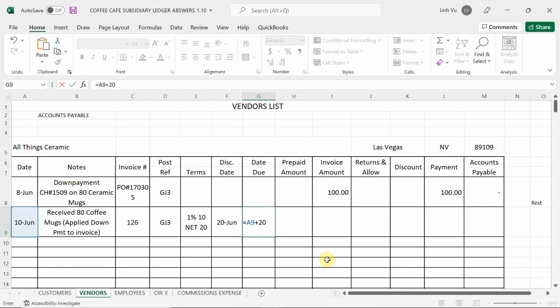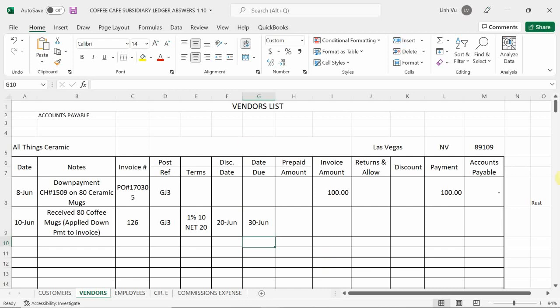The 30th? Yes, you only have 20 days to pay the entire thing off, which is going to be due at the end of the month on June 30th. Okay, so in this case, for sure, at the end of the month, we're going to make a payment to All Things Ceramics because we have no choice.